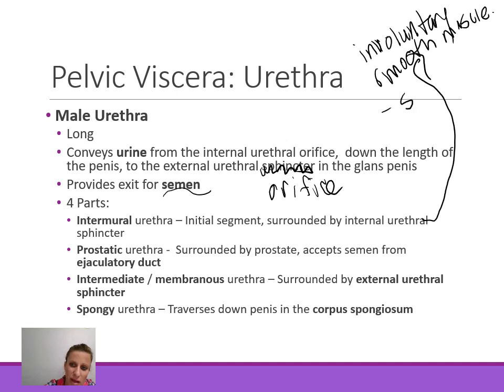It's innervated by sympathetic fibers, which are part of the autonomic nervous system, which we do not control. This internal urethral sphincter has to be relaxed in order for urine to exit the bladder. But remember, it contracts during ejaculation.